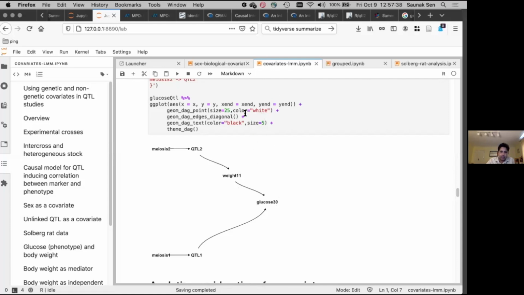In that case, the glucose at 5 weeks would be a confounder. So without additional information, in general, it will not be possible, from this data alone, to say whether the arrow goes from here to here, or whether there is something else. Of course, something at 15 weeks cannot cause something at 11 weeks, but there could be a common cause to both. But if they are both measured at the same time, then without additional data you cannot tell which way the arrow goes.